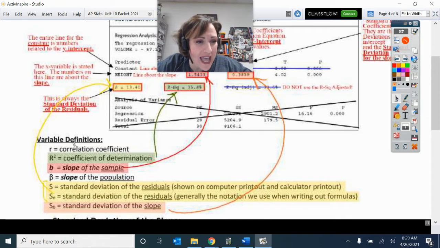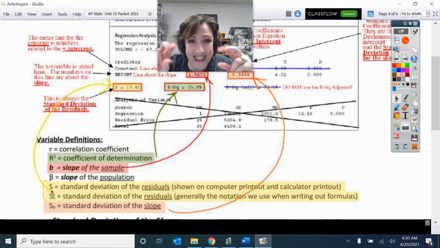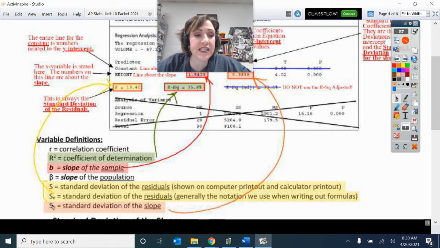We need to start getting used to this notation. S and S with the little e, because that's the errors, how much the actual data is off from predicted. That's an error. So those two are synonymous. You can represent the standard deviation of the residuals by S or S with a little e.